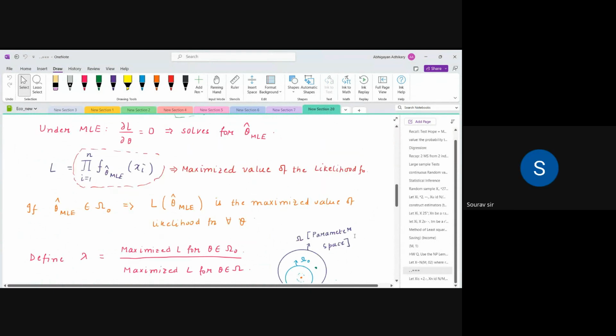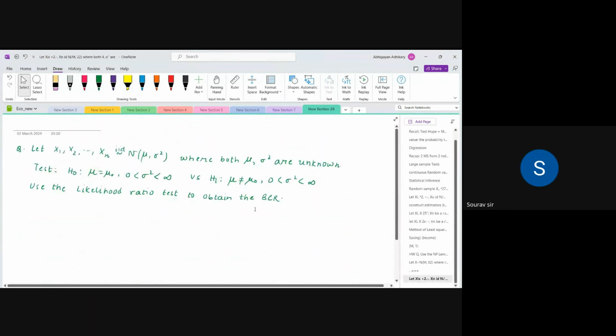Okay. Yeah. So let's move on. In order to perform the likelihood ratio test, the first thing that we need are the maximum likelihood estimates of both mu and sigma, right? Because it is given that mu and sigma both are unknown for performing this hypothesis test.